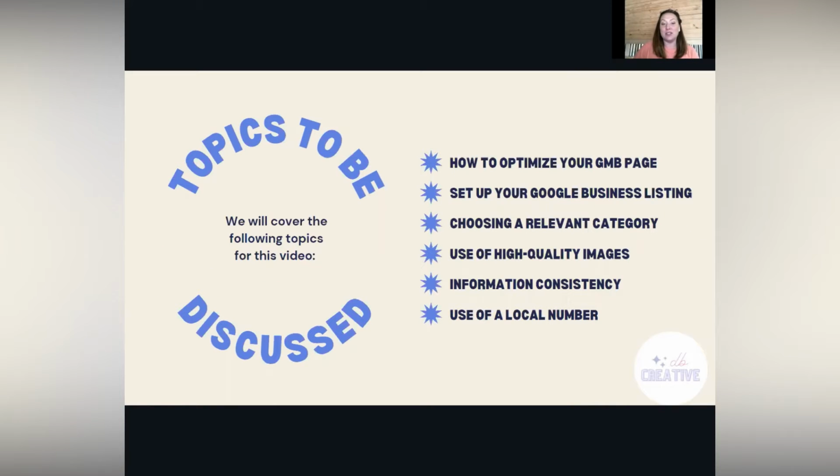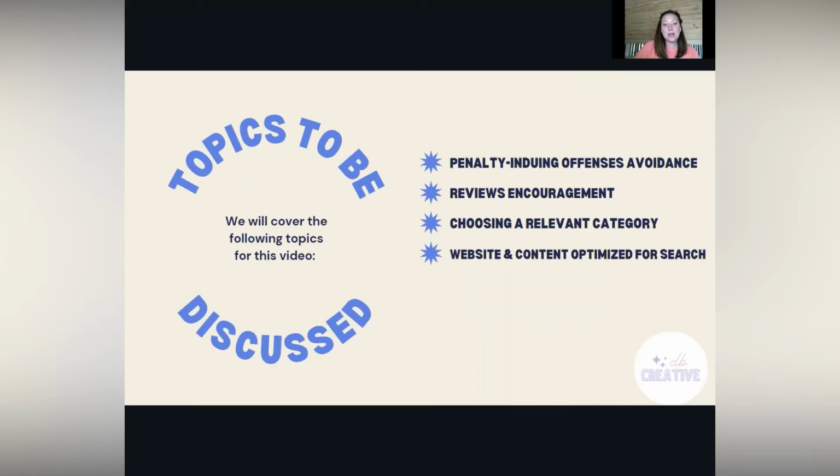Topics that we're going to discuss today are how to optimize your Google My Business page, set up your Google My Business listing, choosing a relevant category, use of high quality images, information consistency, use of local phone number, penalty inducing offenses avoidance, reviews encouragement, and website and content optimization for search.